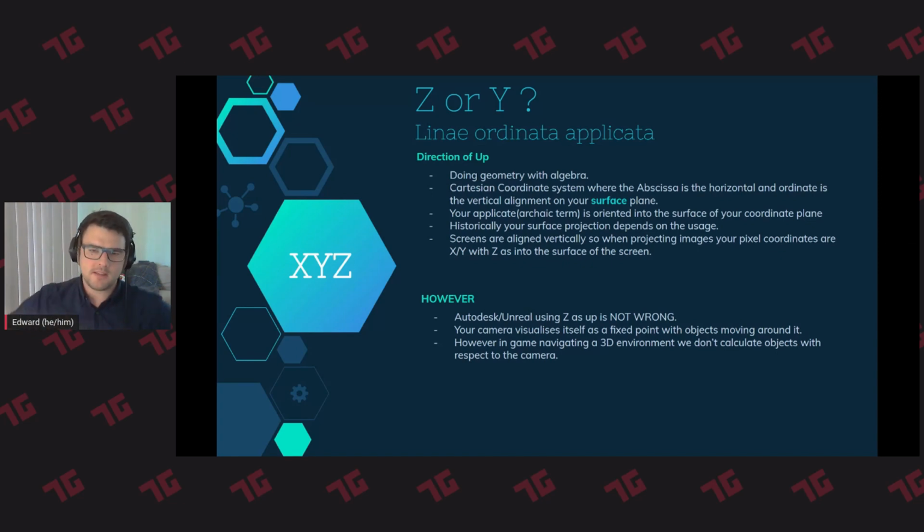The real reason why this argument keeps going around and around is because it depends on what surface you consider your graph, your projection, to be on. Only once we started aligning our screens vertically do we get this idea of X being our pixels along there, Y being our pixels up here, and Z being our pixels into the screen.